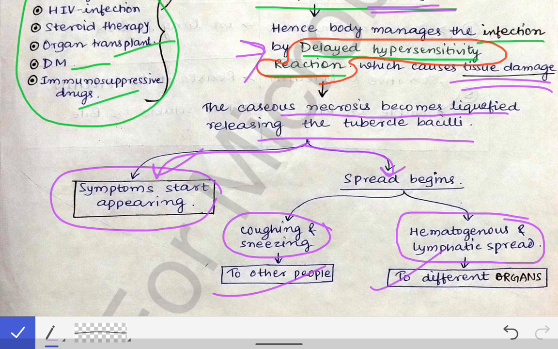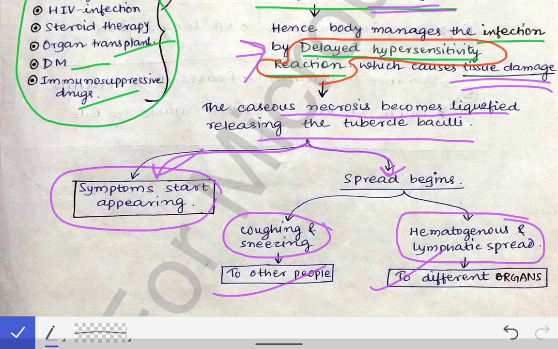So we have learned how the infection is creating symptoms, and how the spread is also evident here. Spread occurs to other people by coughing and sneezing, while spread to the different organs of the same person's body occurs by hematogenous or lymphatic spread.